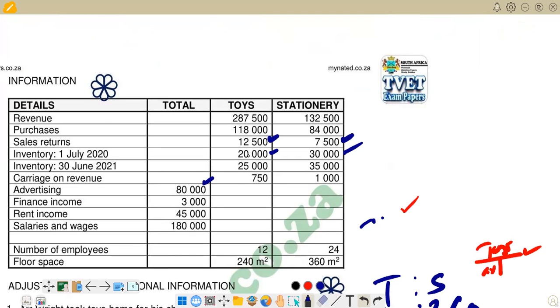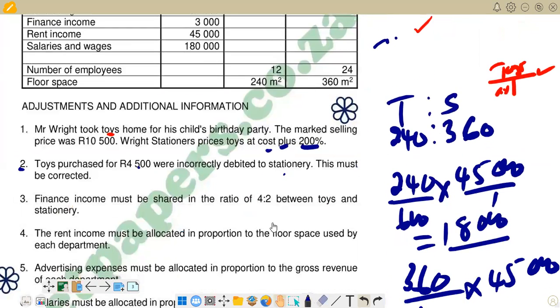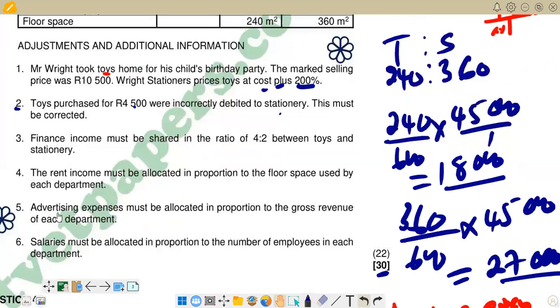It means we have to apportion between toys and stationery. So how we are going to apportion it, obviously we get it in the additional information. If you go to item 5, advertising expenses must be allocated in the proportion of the gross revenue of each department. So let's pick the figure that we have for advertising, and we go to see the allocation of revenue that we have there after deducting the sales returns.